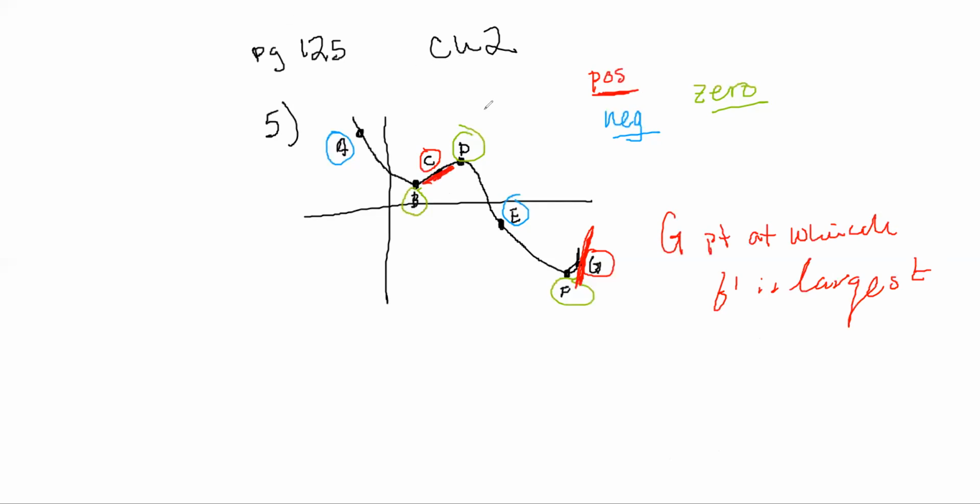All right, what about the most negative? A. Yep, I'd agree with you there. Tangent line is going to look something like that. Here, it's going to look something a little bit more like this. So this is going to be a little bit steeper than this is. So I'm going to say A is the point at which F prime is most negative. All right, cool. You guys remember how to do that?